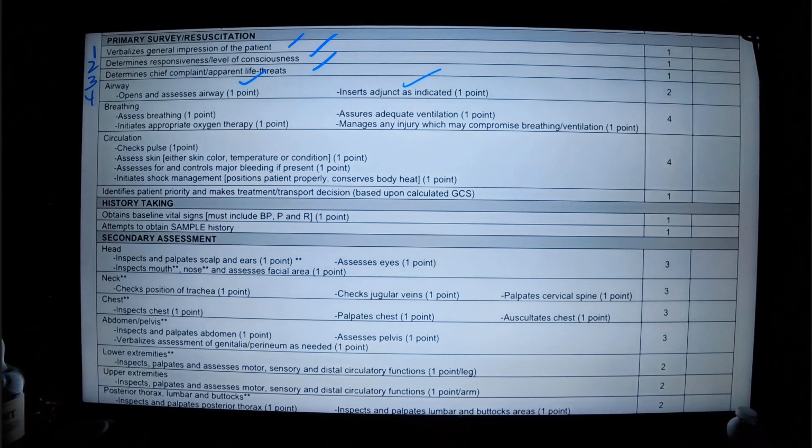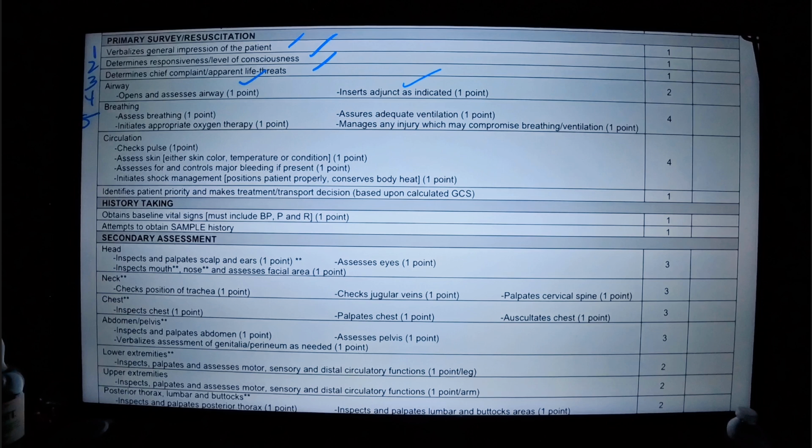And this is where I'll do number 5. Breathing. Just look at the breathing. This one doesn't say it, but the other patient assessment form that I looked at many years ago was very detailed.